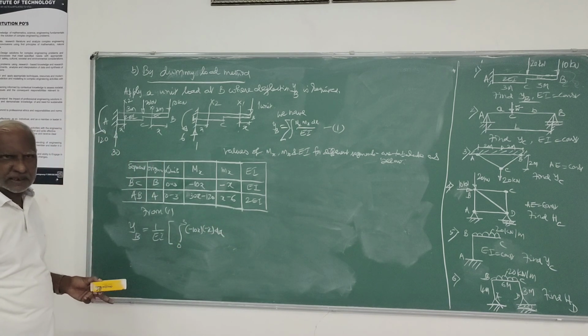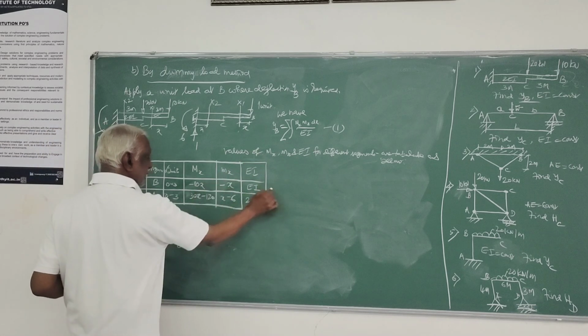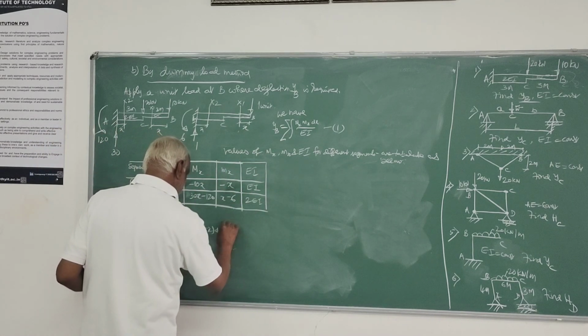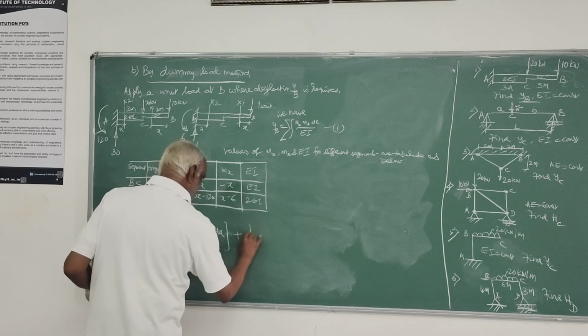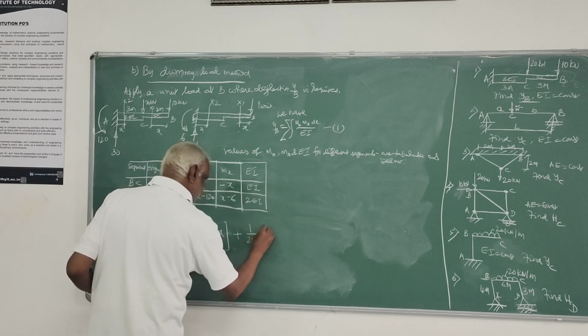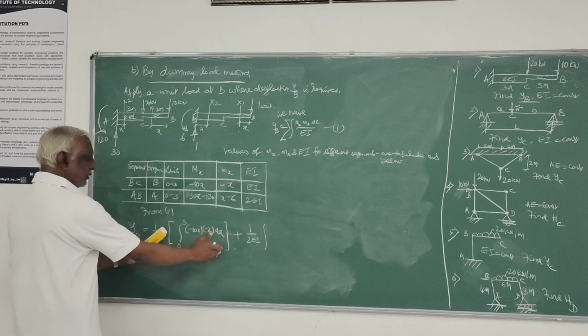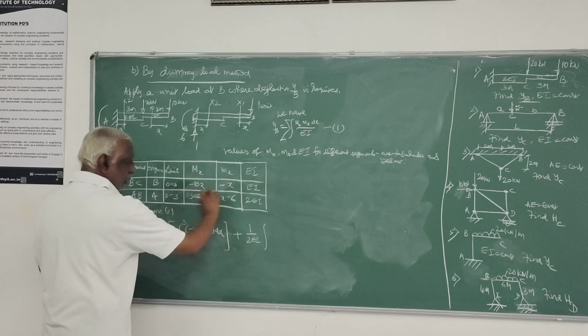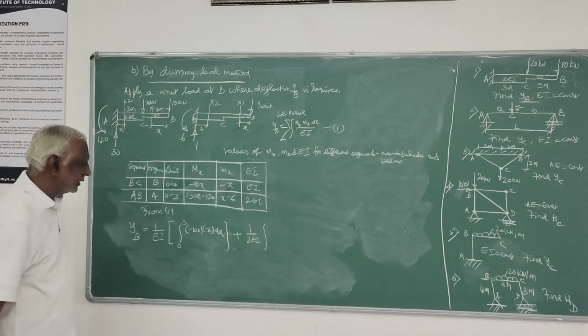Here I have already taken it outside, that is for this portion, plus 1 over 2EI, because this sigma notation is for this segment and for this segment. I will take it for the two.